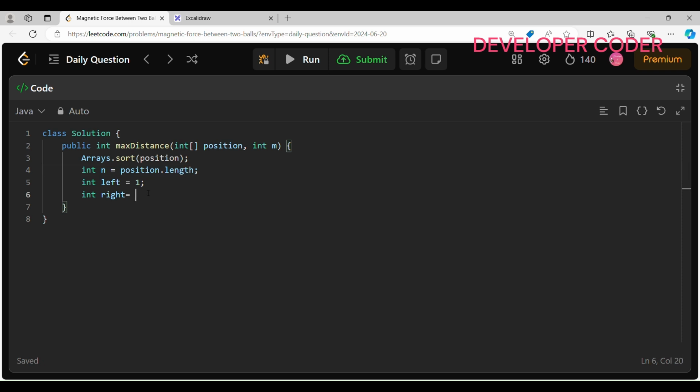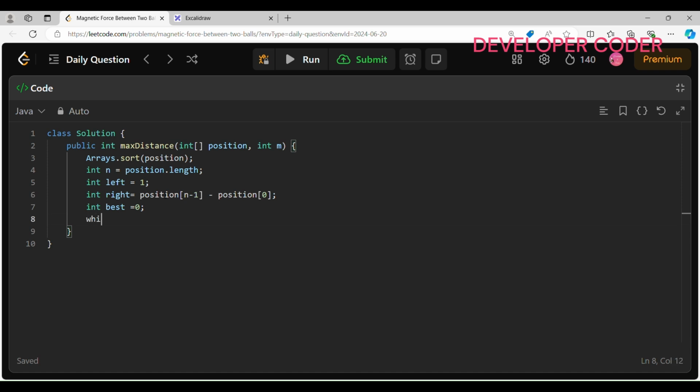So here my right is going to be nothing but position[n - 1] minus position[0]. This is going to give me the maximum distance, right? This is done. Then after that, initially let's take my best as 0.